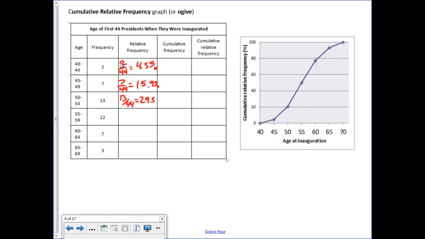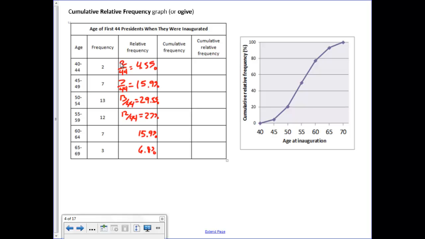It's 29.5%. What is 12 out of 44? This is 27%? That makes more sense. Sorry.